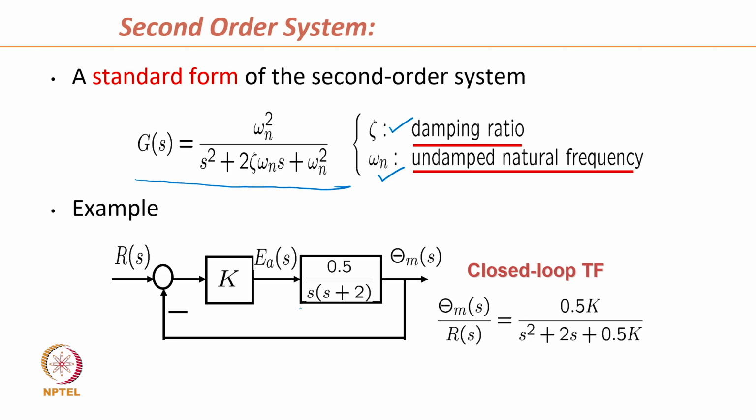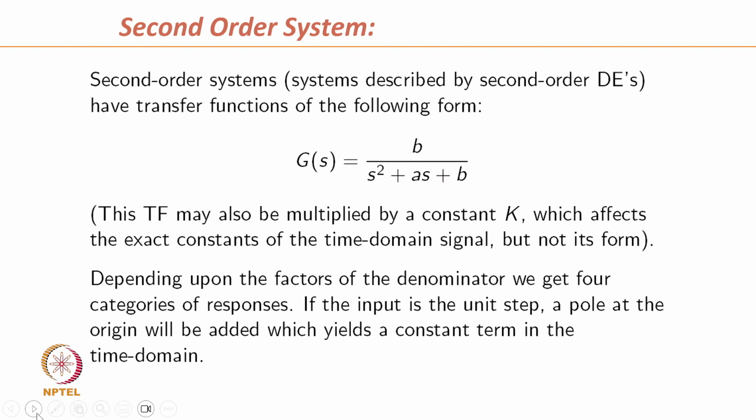So, for example, we have this kind of system where we have gain in the system and we have a transfer function in the Laplace domain. So, for the closed loop transfer function we can write the output divided by the input, which is the transfer function, and we can write it like this, and this comes out to be a second order system. This second order system has a transfer function of the following form: b upon s square plus a s plus b.